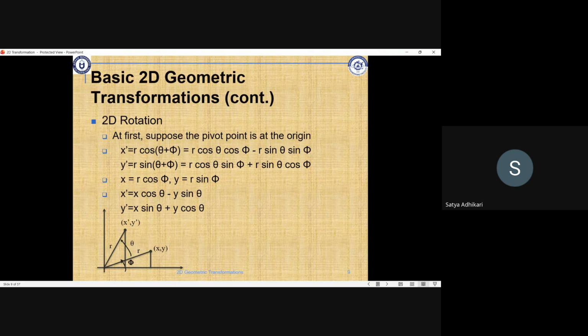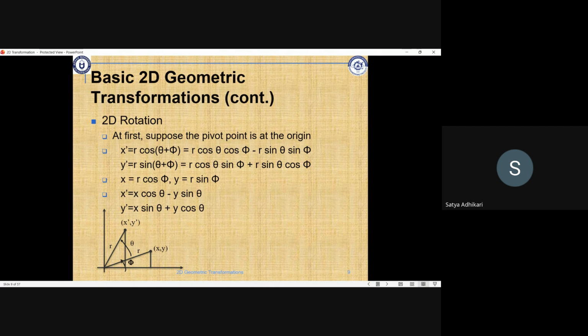You multiply x with cos theta, then y with sin theta, subtract it, and you will get x dash. And the new value of y, which is y dash, is calculated as x into sin theta plus y into cos theta. And theta, what is theta? Theta is the rotating angle. Suppose theta is 45.